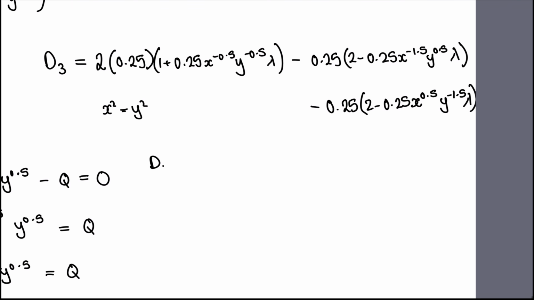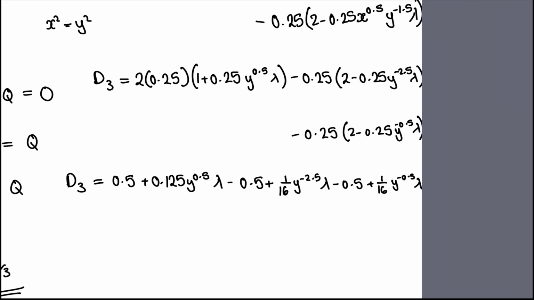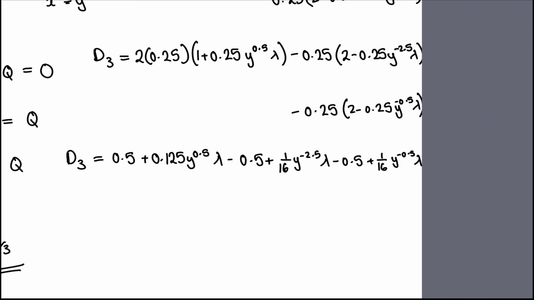So we get d3 is equal to 0.25 brackets 1 plus 0.25 y to the power of 0.5 lambda minus 0.25 brackets 2 minus 0.25 y to the power of minus 2.5 lambda minus 0.25 brackets 2 minus 0.25 y to the power of 0.5 lambda minus 0.5. Cool, so this is what we get when we expand everything out.